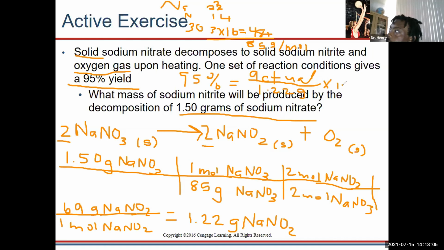Yeah, times 100. So yes, we have to change it. So we get 95, so that's 0.95 times 1.22.